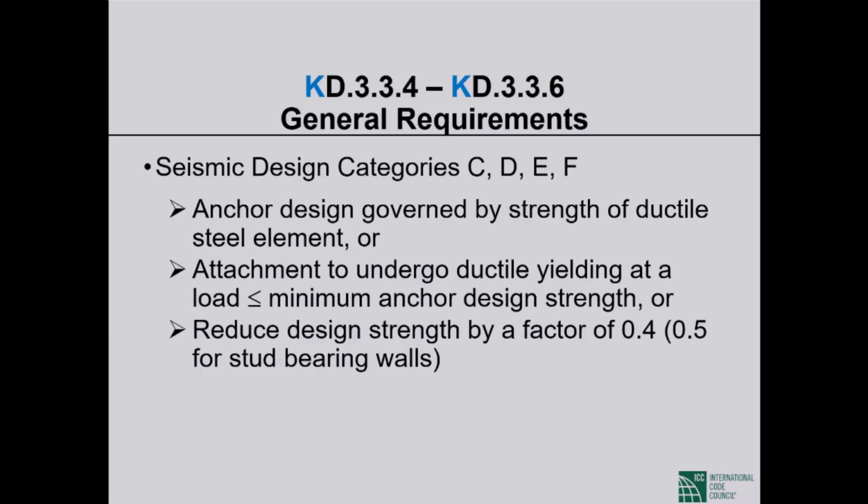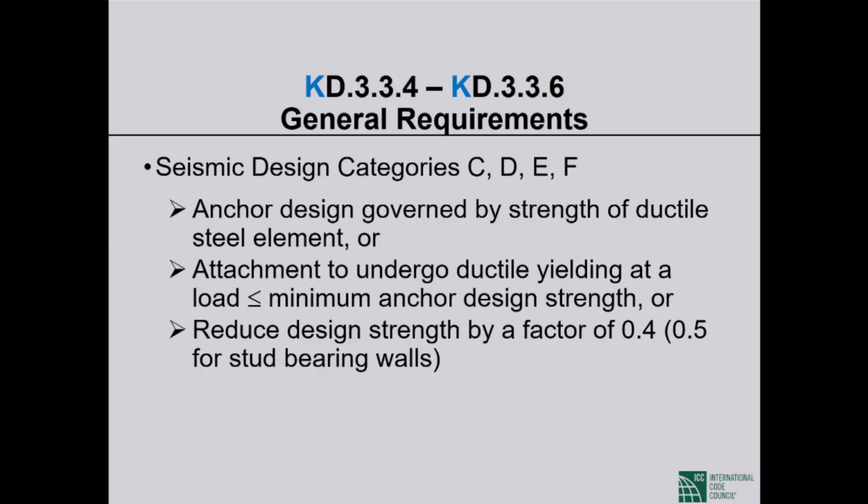So if it is an anchor that is subject to seismic forces, design category C and above, you can only have steel failure, no concrete failure. And the steel failure has to be ductile. This is choice number one.